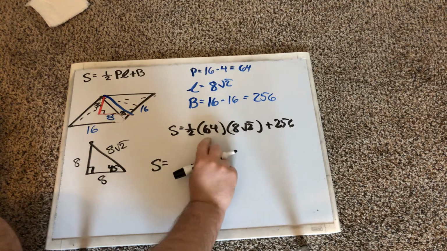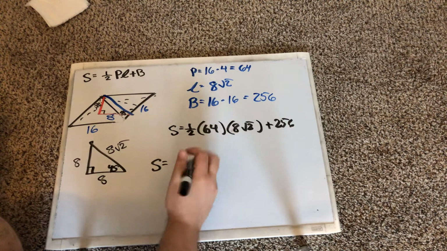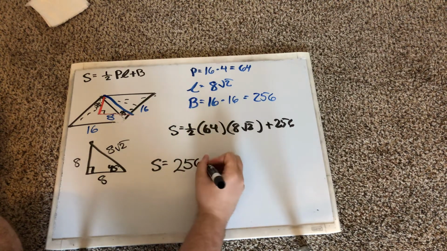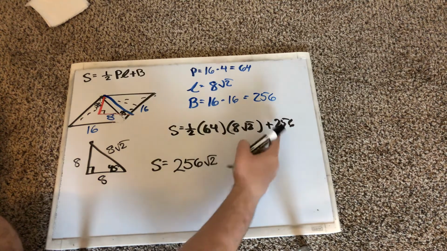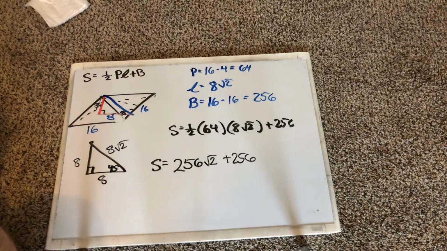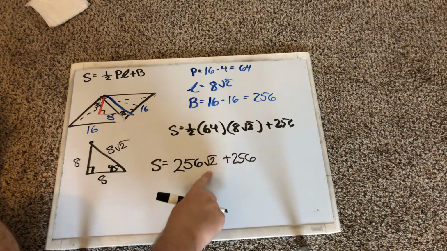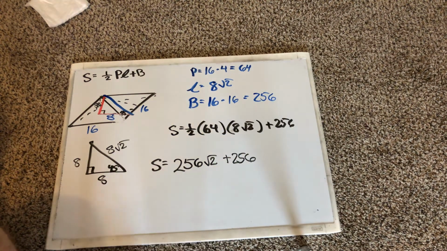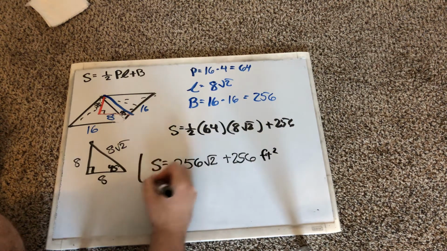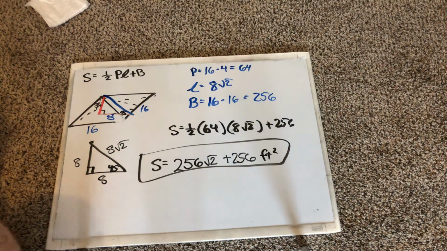Just do 1/2 times 64 times 8, and that comes out to be 256 root 2. But I still have this plus 256 at the end. And we cannot combine these because this has a root 2, this doesn't. It's not like terms. And so we're going to end it with feet squared because our units here were feet.